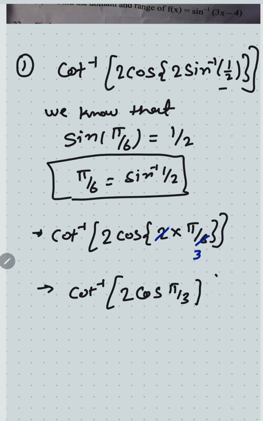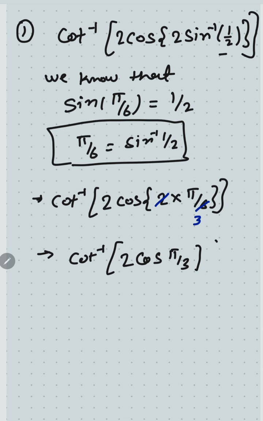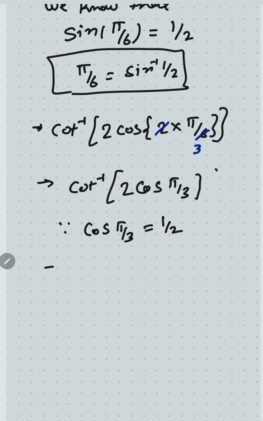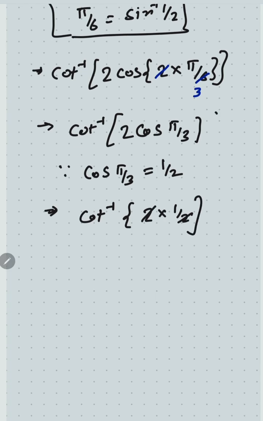What is the value of cos π/3? Cos π/3 is equal to 1/2. Then cot inverse of 2 into 1/2, those 2 are cancelled. Then cot inverse of 1.